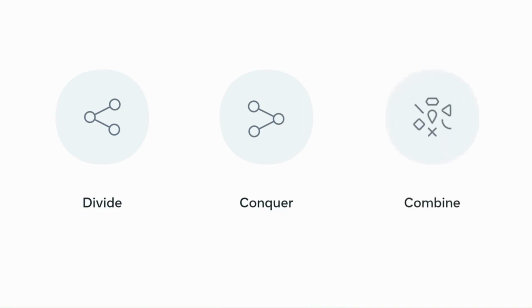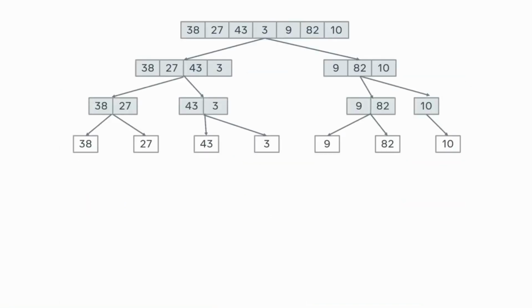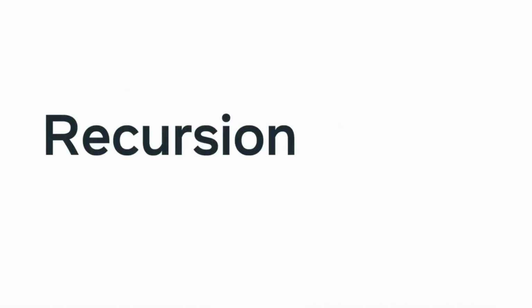And the optional last step, combine, is combining all the solved segments. And you discovered how the divide and conquer technique offers an effective framework for problem solving and the various benefits that it provides.